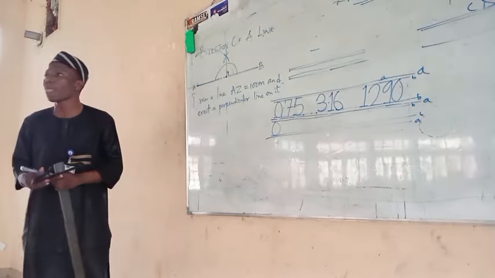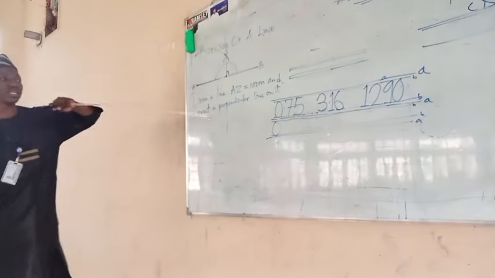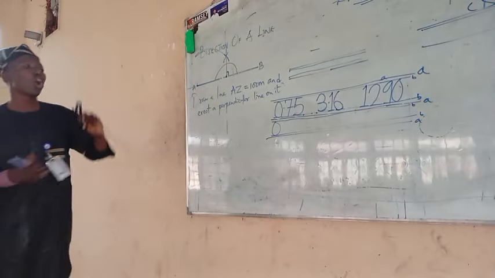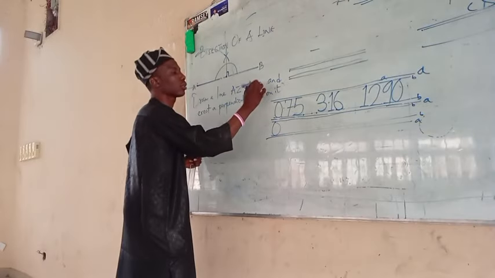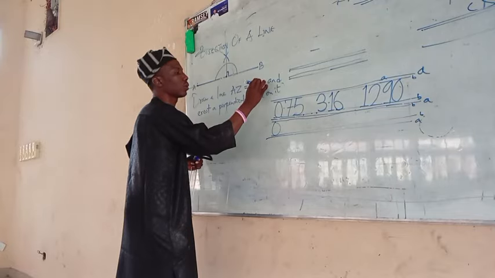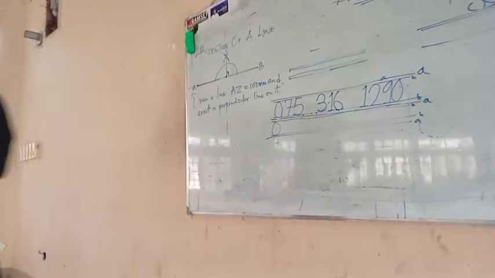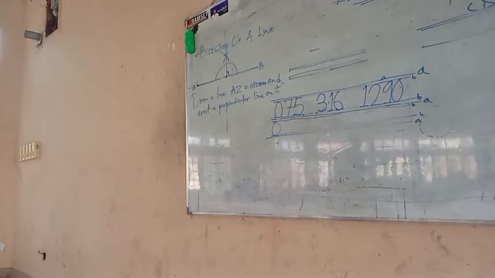What are we doing now? In this case, we want to draw a line AZ of 100 millimeters. So I want to use the JOMO method to erect the perpendicular line on this line AZ. To do that, let me see. Don't forget what this is.